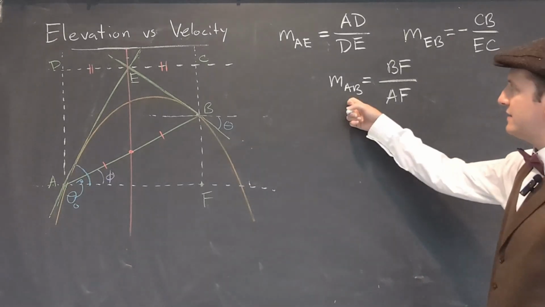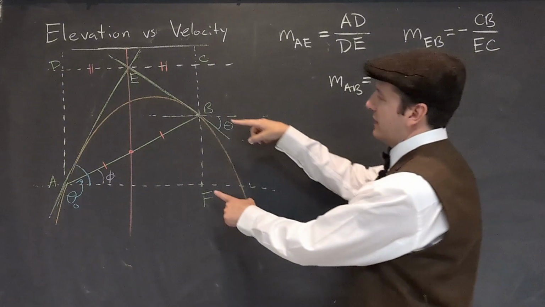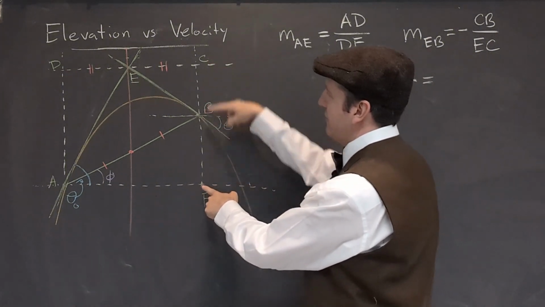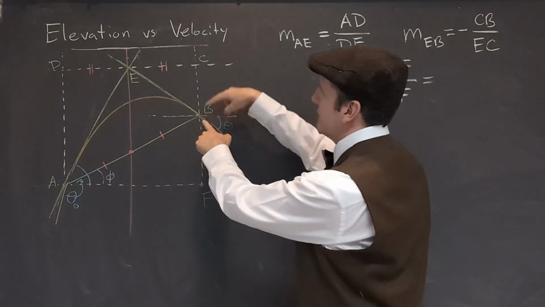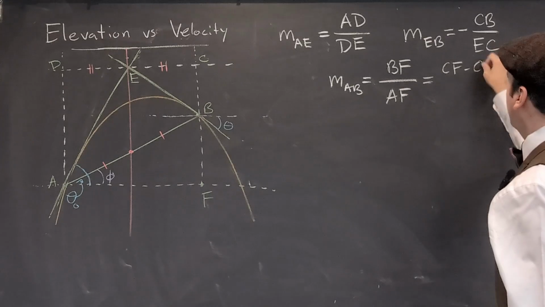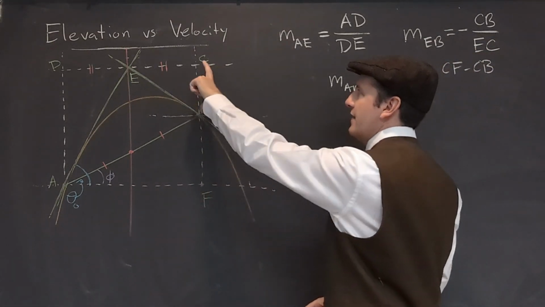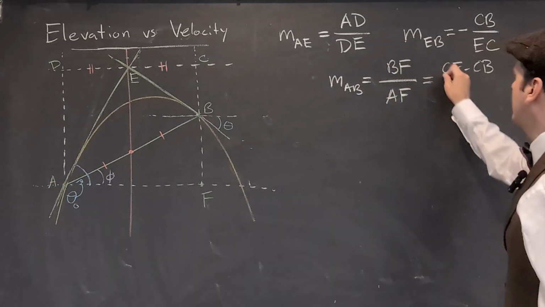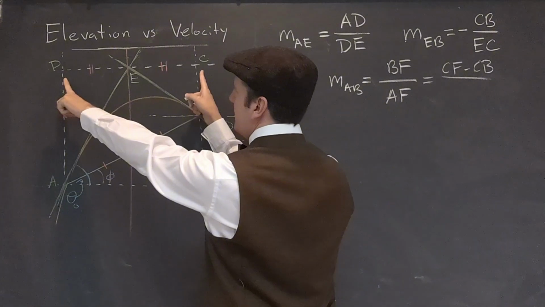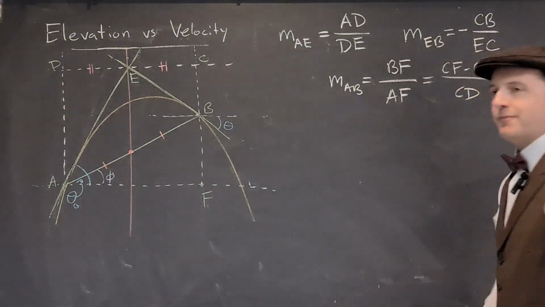So I'm going to write this. BF is the same thing as CF minus CB. Okay, that's just this difference between the full height and the height up here. And AF, which is the same as CD, well, I'll just write that as CD for now.